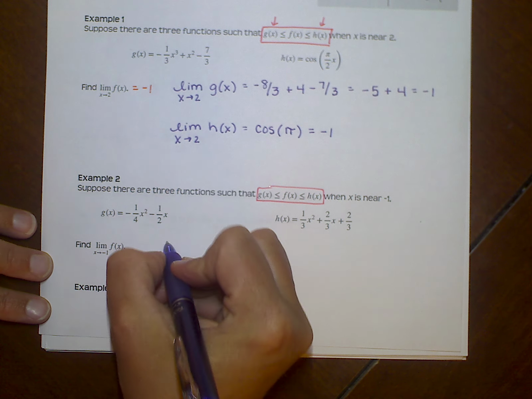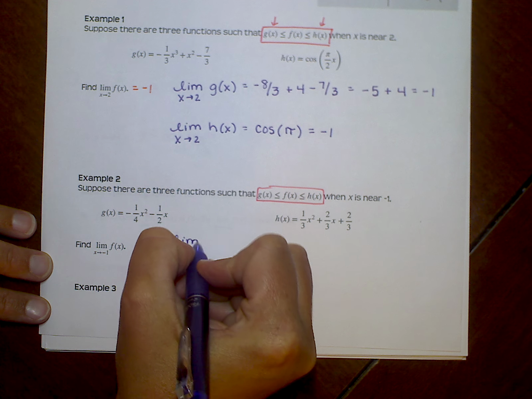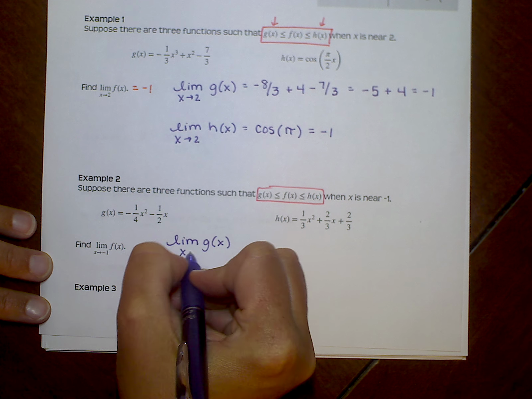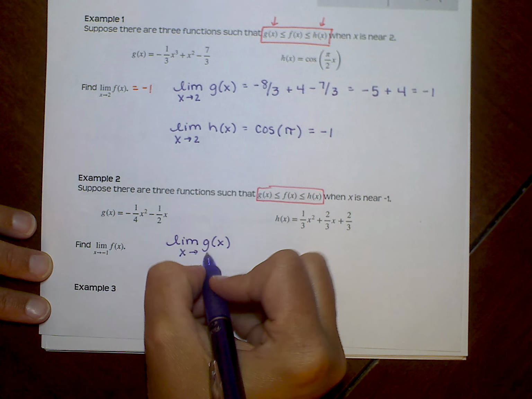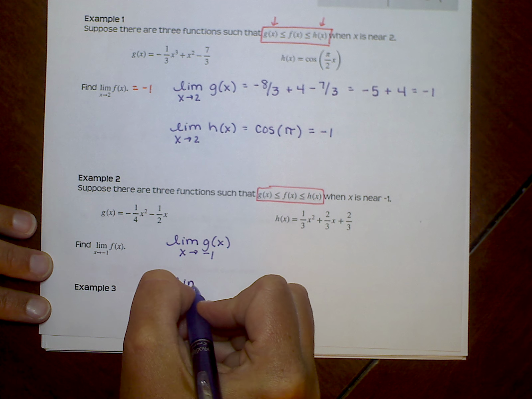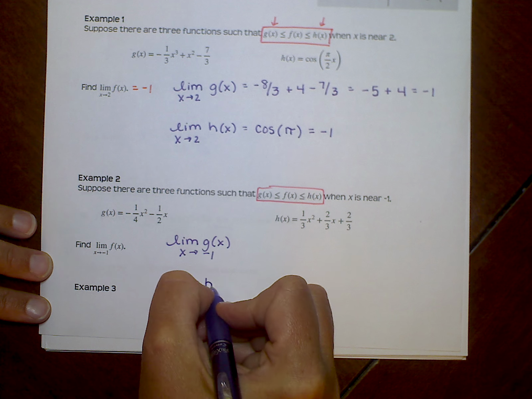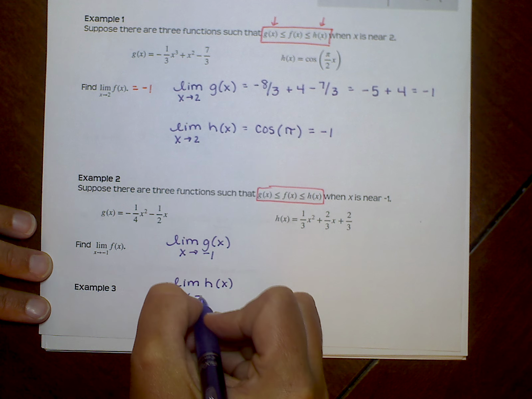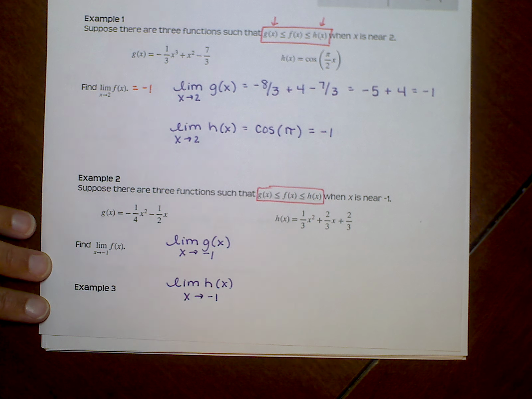So let's do limit of g of x as x approaches, where are we going? Negative 1. And then limit of h of x as x approaches negative 1.